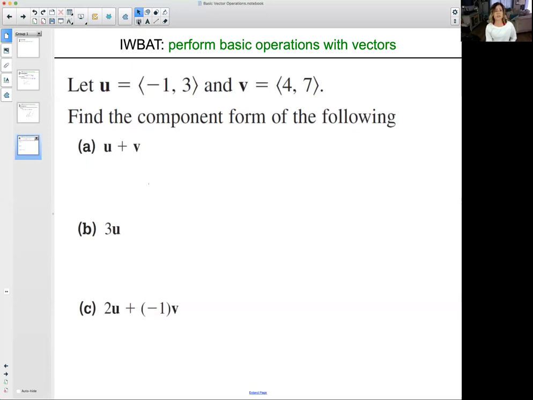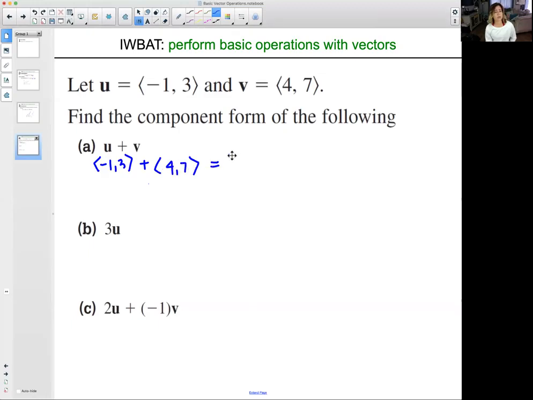We're going to first do vector addition. So we've got vector u here that's got components of -1, 3, and then vector v that has components of 4 and 7. So we're just going to go ahead here and add those together. I'm just going to write them both down. So u was -1, 3, and then we're going to add v to that, v being 4, 7.